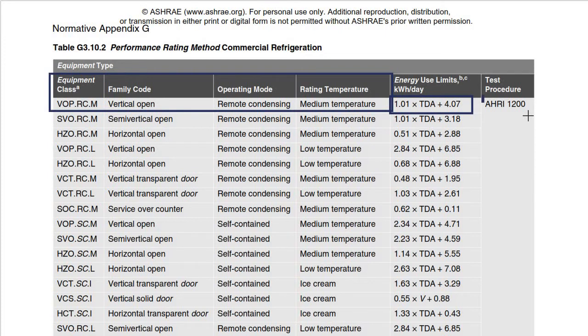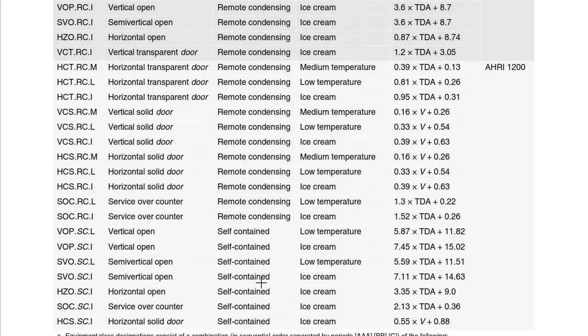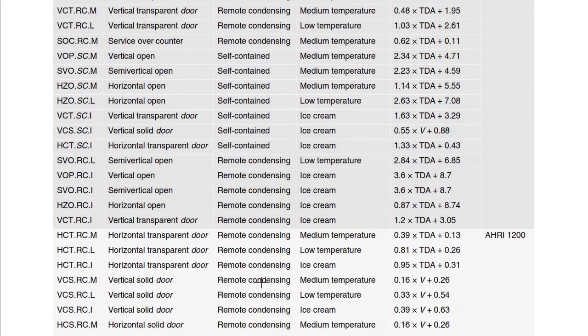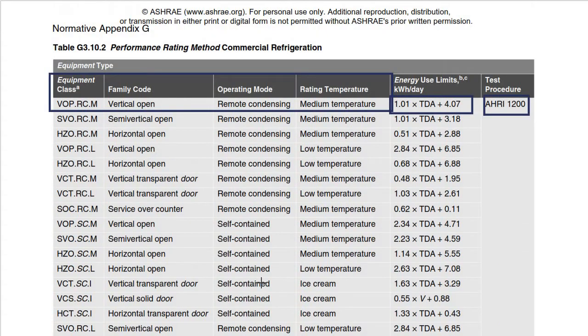These are all based on ASHRAE 1200, and this table is about a page in Appendix G. The schema basically provides the data needed to verify the baseline characteristics from this table.